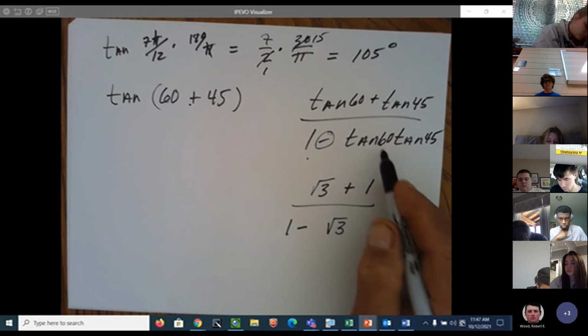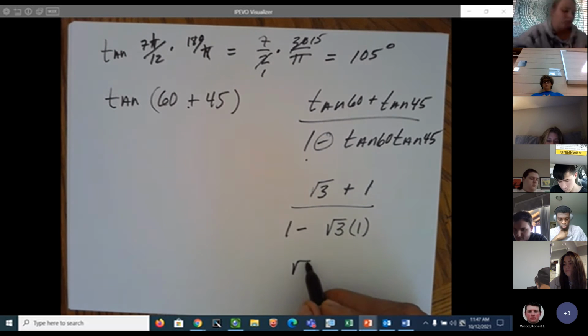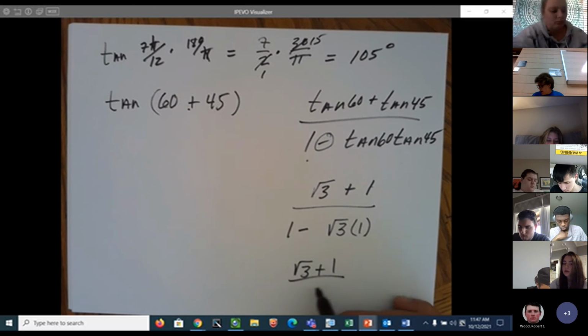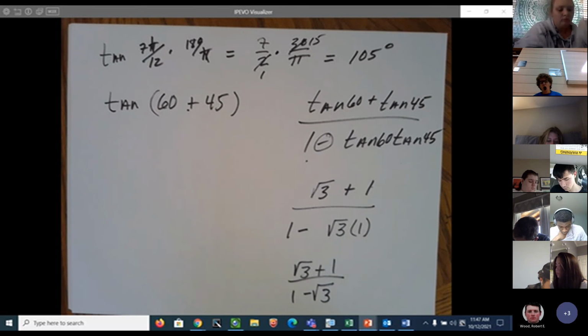And the tan of 45 is 1. Square root of 3 plus 1 over 1 minus square root of 3. Well, this is going to be 1 minus square root of 3. This is a radical in the denominator.